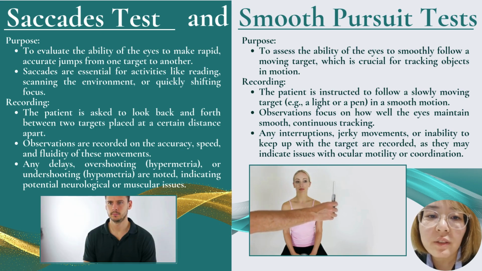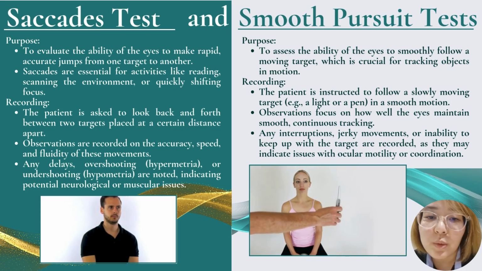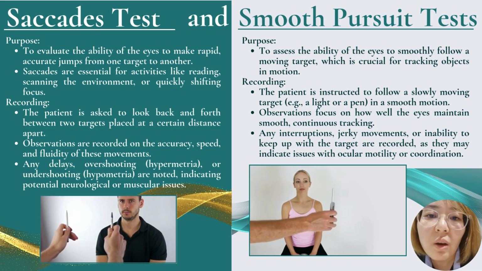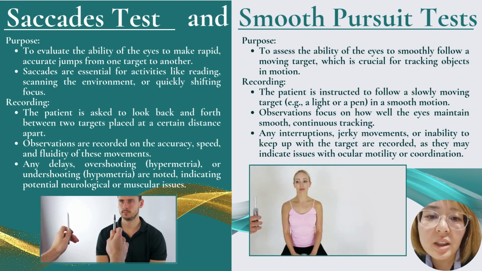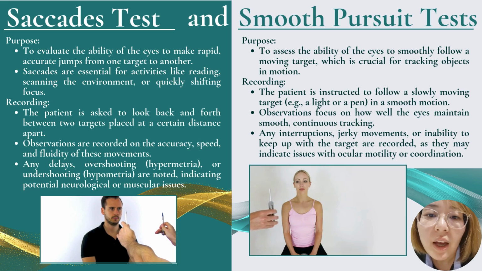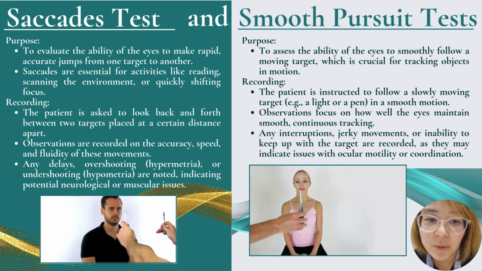We then observe and record the accuracy, speed, and frequency of this movement. Specifically, we are looking for any signs of delay, overshooting, or undershooting. These issues can suggest neurological or muscular problems affecting eye movement control.